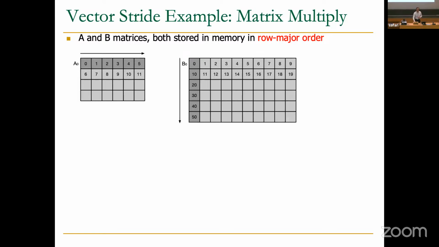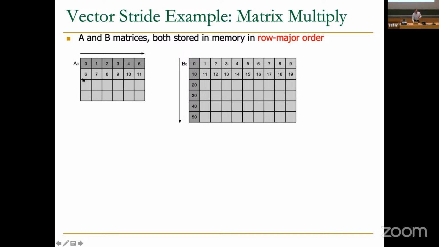So let's take a look at two matrices that we're going to multiply. This is the A matrix. This is the A0 element over here. This is the B matrix. This is the B0 element. They're in row major order. So the first row of A is stored in consecutive locations, as you can see. The first element is in location 0, the next element in location 1, the next element in location 2. These are offsets from the beginning of A, of course, right?